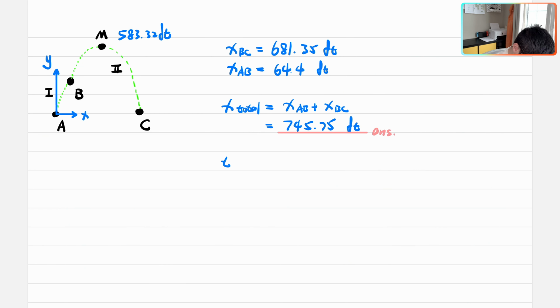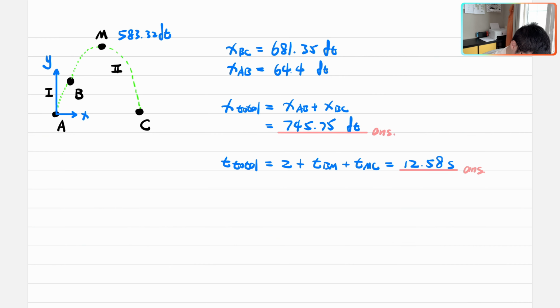And the total time will be the time from the first part, 2 seconds, plus the time from B to M, plus the time from M to C. Adding them all together, 12.58 seconds. Our second answer.